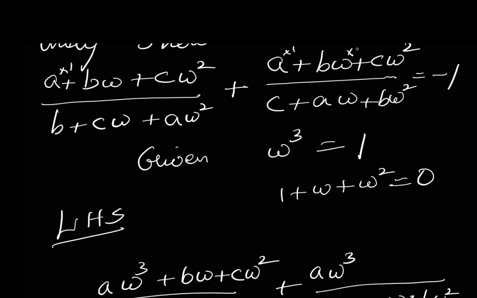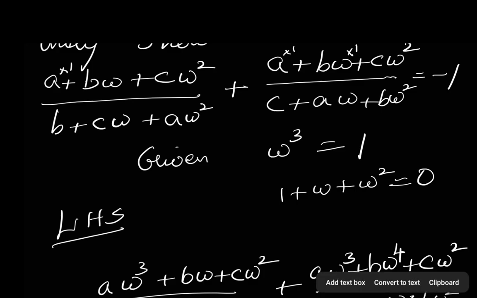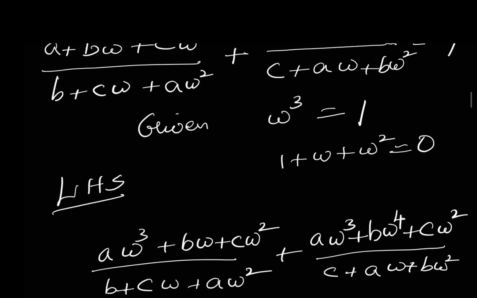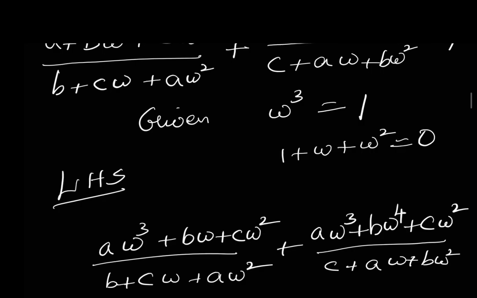In that case I multiply this b omega into 1, and this 1 also I replace as omega cube. So b omega power 4, already one omega here, so omega power 4, plus c omega squared. Just only one concept you have to take: b omega into 1. The rest, in both fractions, a should be added with omega cube.